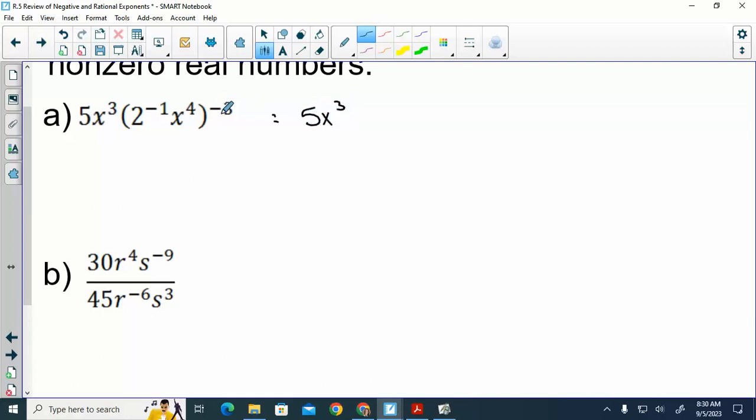What do you do when you have a power on the outside like this? Multiply. We distribute it to both and multiply the exponents. So negative 1 times negative 3. My x, I have 4 times negative 3. Negative 4.